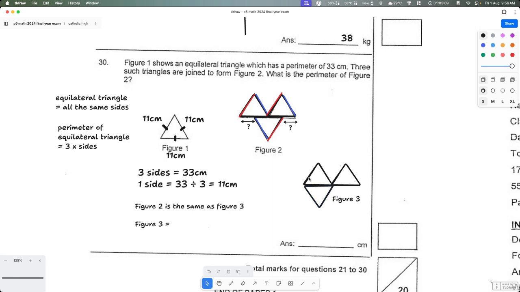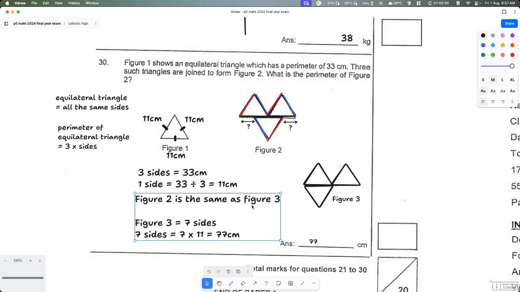We have 1, 2, 3, 4, 5, 6, 7. It has 7 sides. So 7 sides is equal to 7 times 11, and this will become 77 centimeters. That's the answer, 77. There you go.